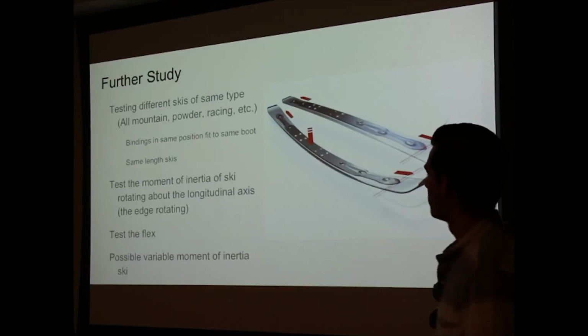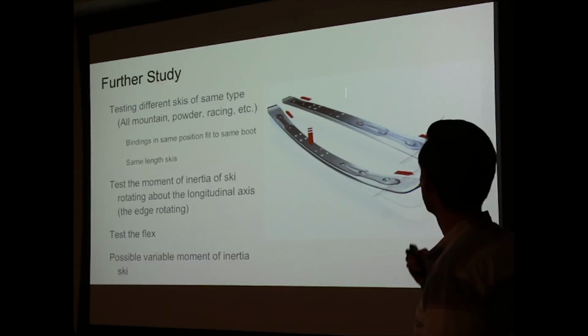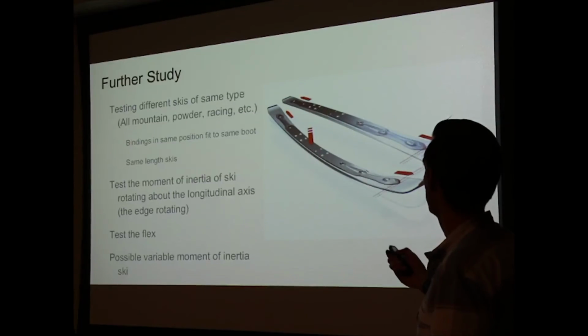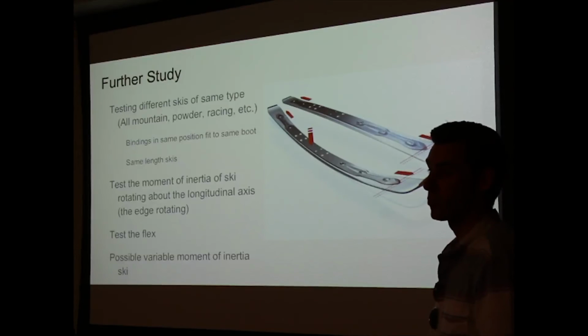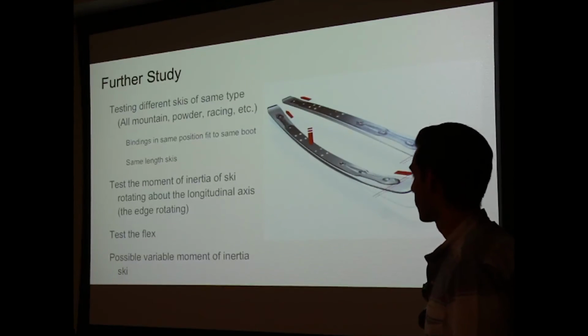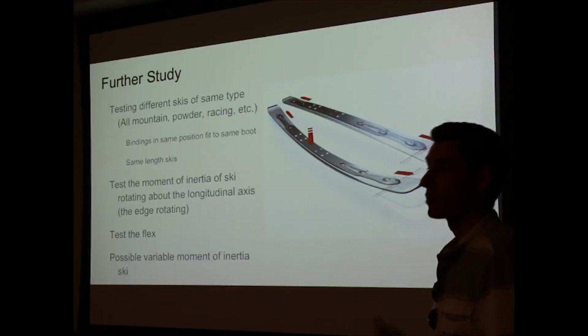And so some other tests that I'd like to do is test the moment of inertia about the longitudinal axis. So instead of testing through the axis like that, the axis would be like here. Because if you think about it, when you're turning, you are rotating the ski about that axis as well. So it definitely plays a part in the way you turn. And then also testing the flex of the ski, which is a huge part of what the ski is meant for.